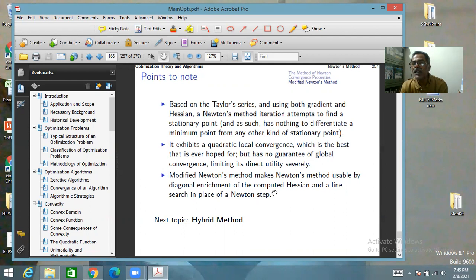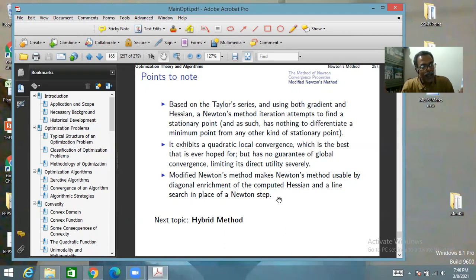Modified Newton's method salvages Newton's method for general problems by diagonal enrichment of the computed Hessian and a line search in place of a Newton step. Now, computational cost per iteration remains the issue, which we will address in later methods. And make note at this point that till now we have studied two methods successively: steepest descent method and Newton's method.